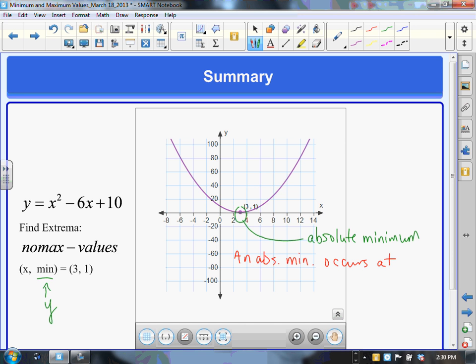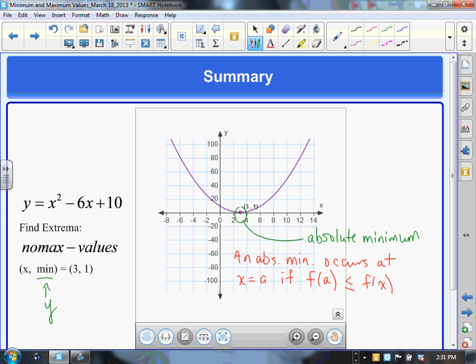So let's say at x equals a, if the value of the function at that specific value of a is always less than or equal to f at x, meaning any other y value, just not the one that happens at x equals a.